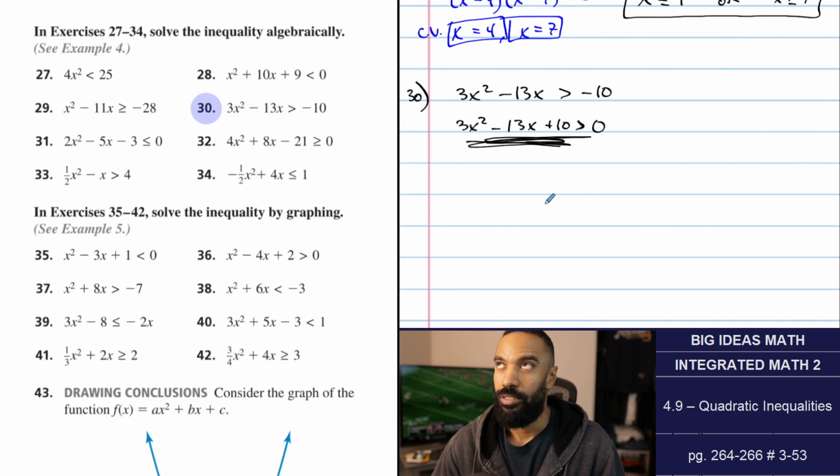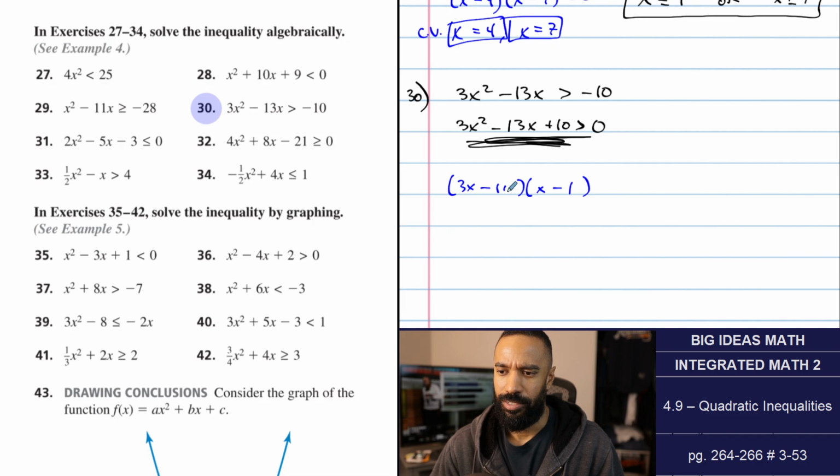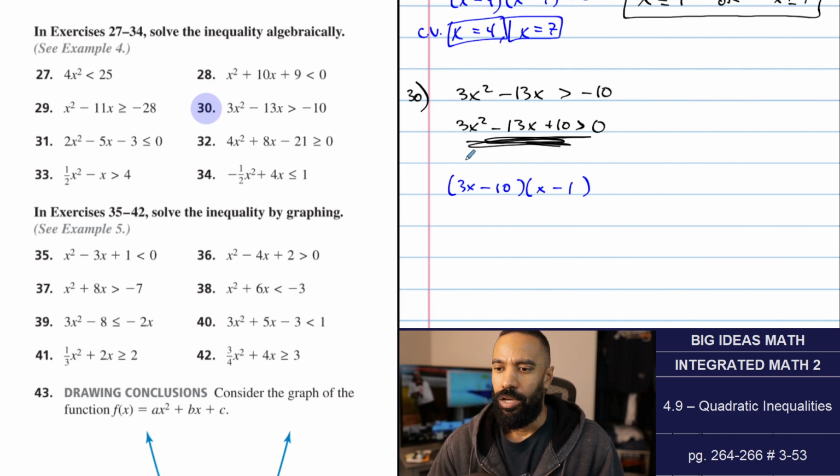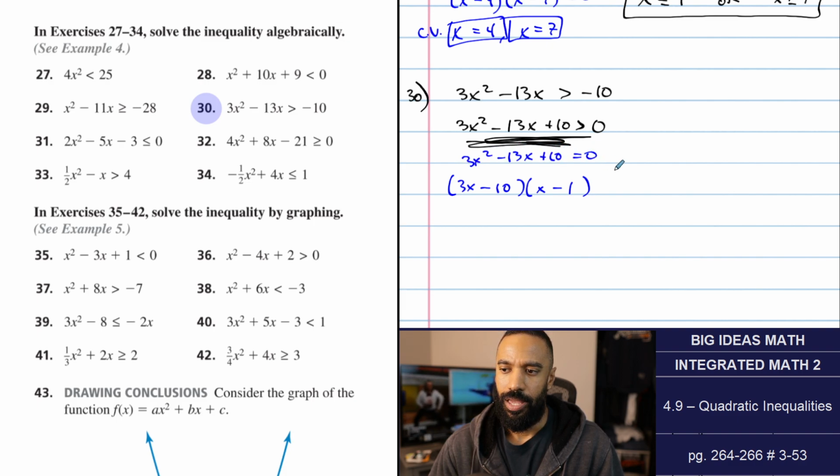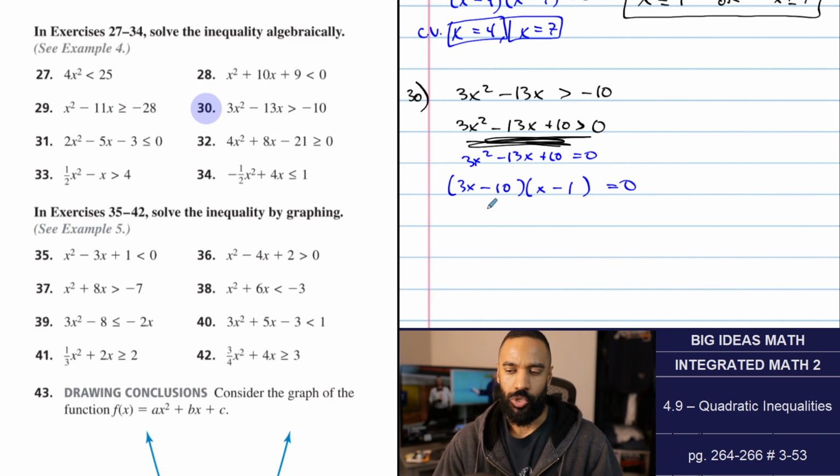I don't know. Hold on. 3x, x. Oh, yeah. Minus 1, minus 10. Negative 3 minus 10. Yeah. Oh, by the way, set it equal to 0 first. At this point, I'm writing equals 0, so we're all good.